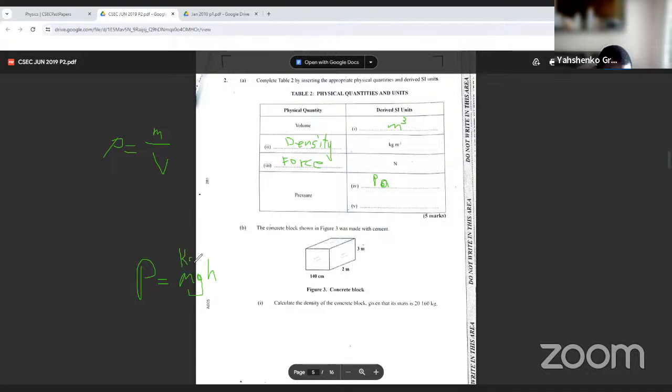Kilogram meter per second squared times meter. So what would this be? Kilogram meter squared per second squared. Or you can say, you remember this formula for pressure? Pressure is equal to force per unit area.